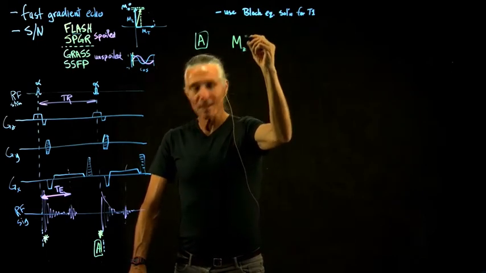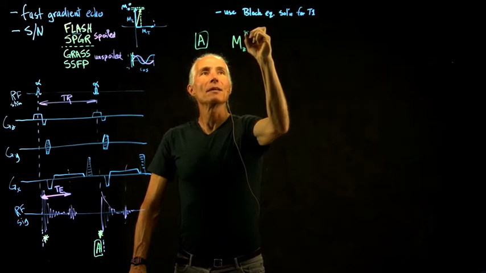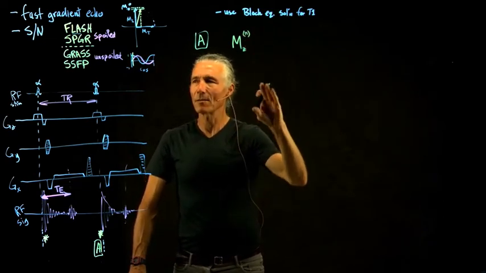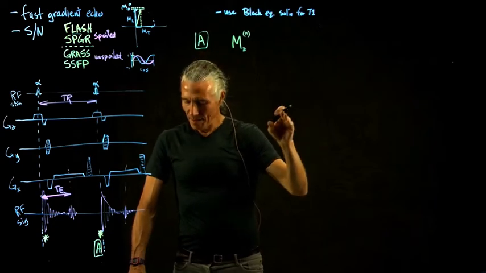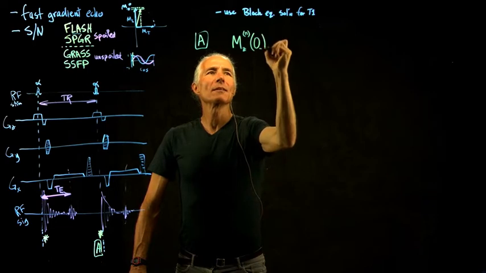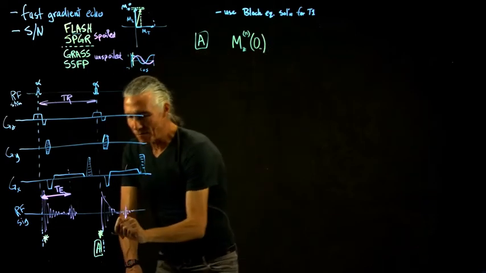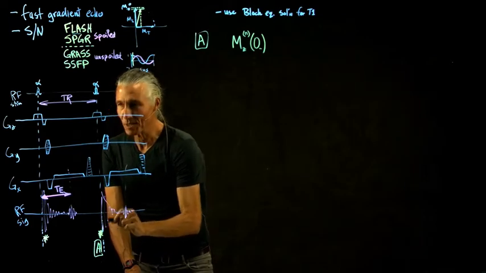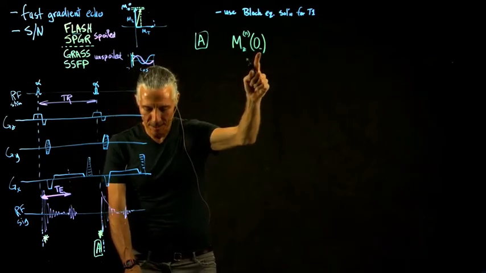It's Mz for the nth time point, because we have to consider steady state, so we consider multiple cases at a time, just before the next RF pulse. That's the 0 minus business.